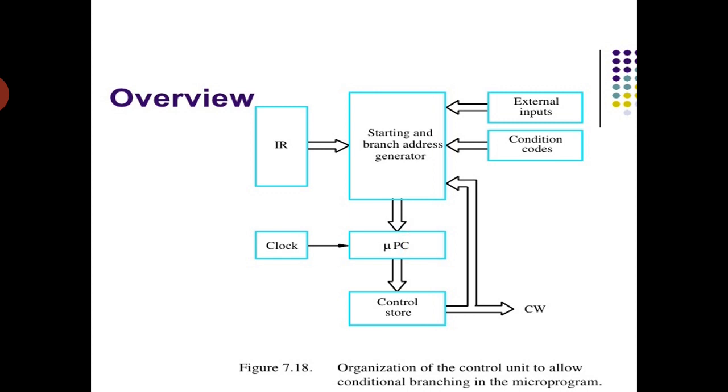And the third one is when an end micro instruction is encountered. The microprogram counter is loaded with the address of the first code word in the micro routine for the instruction fetch cycle, which is the 0th address in our example.